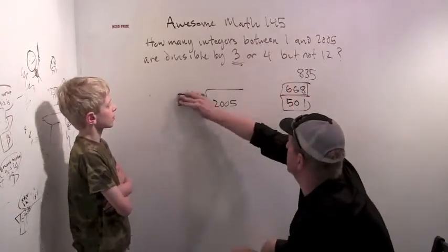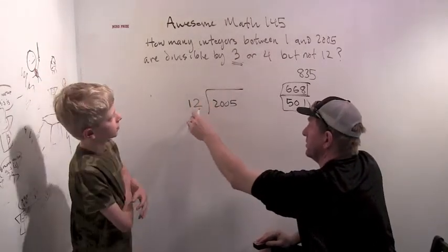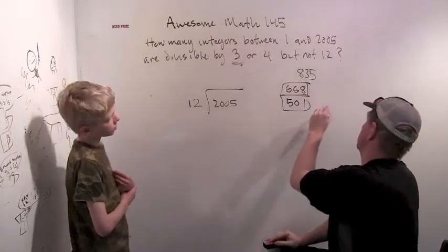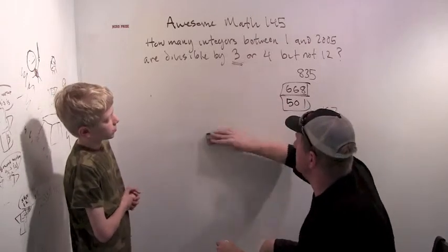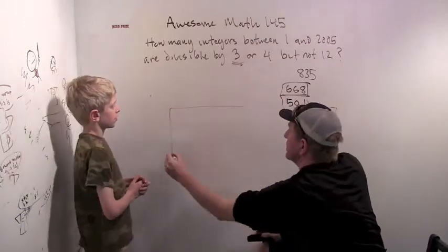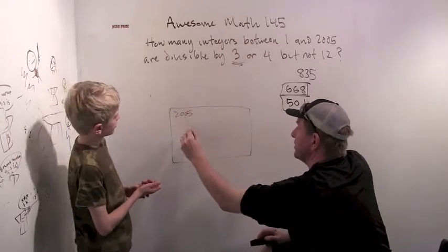And now we got to figure out how many multiples of 12 there are. So 2005 divided by 12. Oh, you already did that. It was 167, right? Now we got to think about something here. You ever heard of a Venn diagram before? Okay, so here's all of our numbers, 2005 numbers.